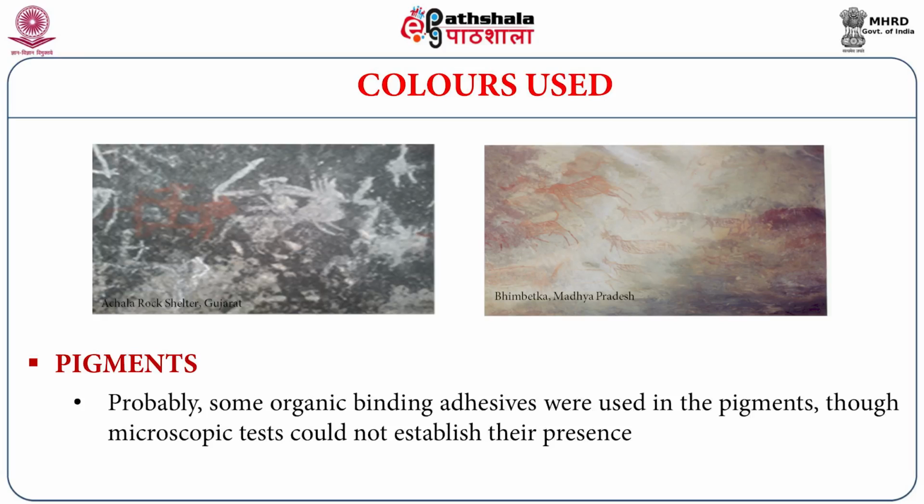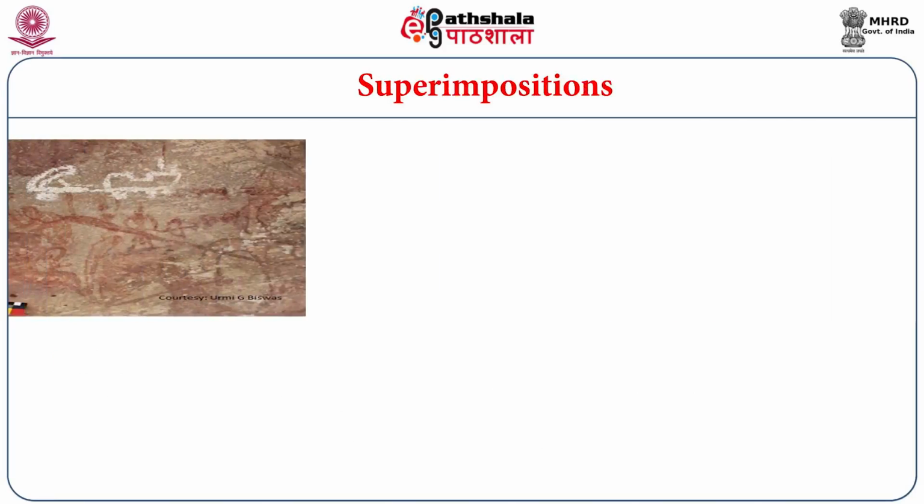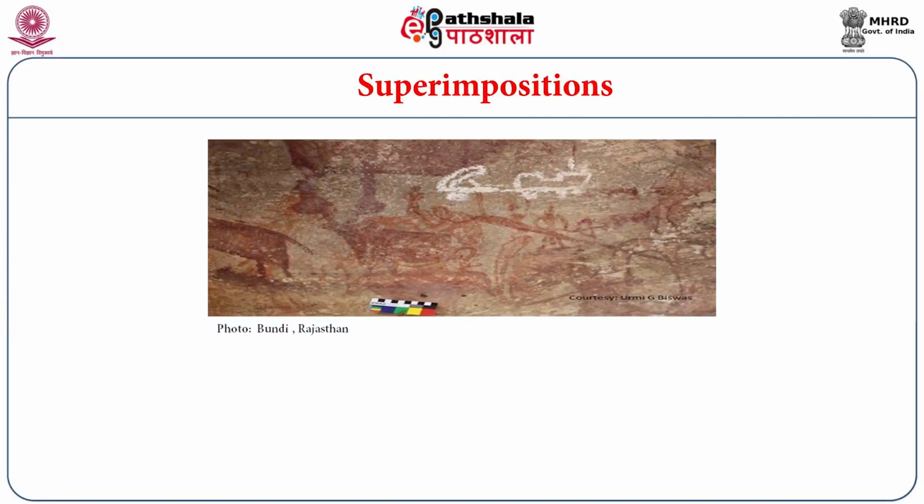Sometimes they used organic material and adhesive so that the painting would last long. So you can see that these people have used several methods to create these paintings, which reflects their intelligence as well as creativity.